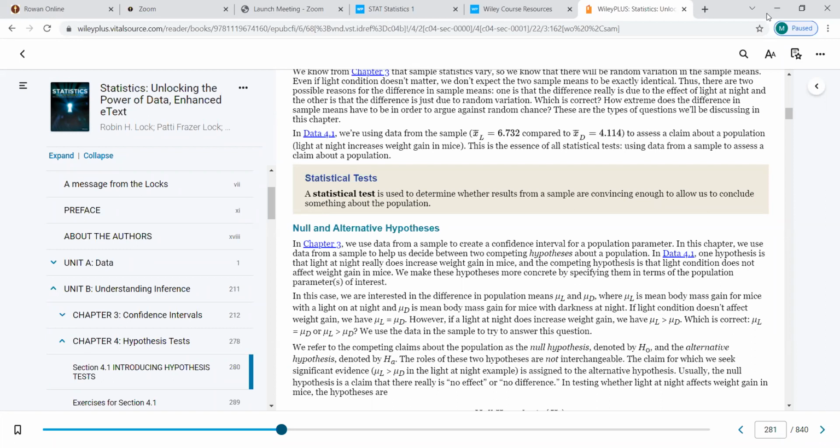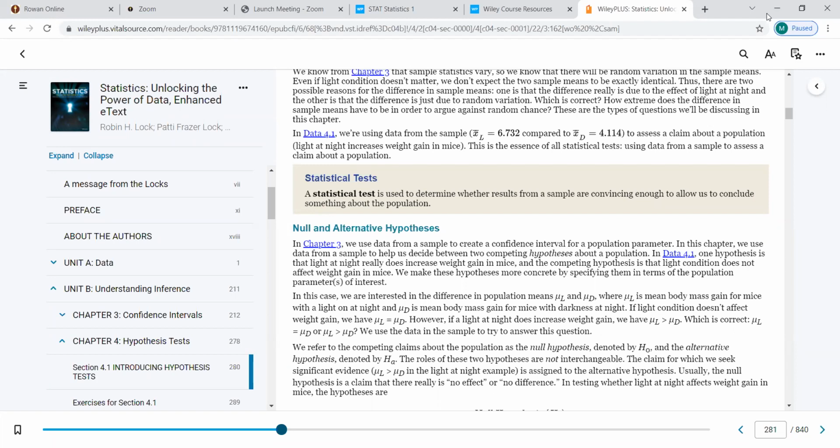And then the researcher is saying something like, the average body mass gain should be greater for the light group than the dark group. Well, that's called the alternative hypothesis, all right? So the null hypothesis is basically that there's no difference between the two groups. The alternative hypothesis is that the body mass gain for the light group is going to be bigger than for the dark group, all right?